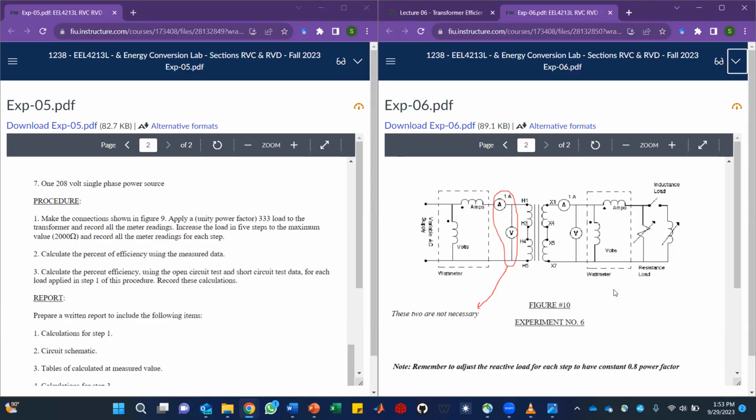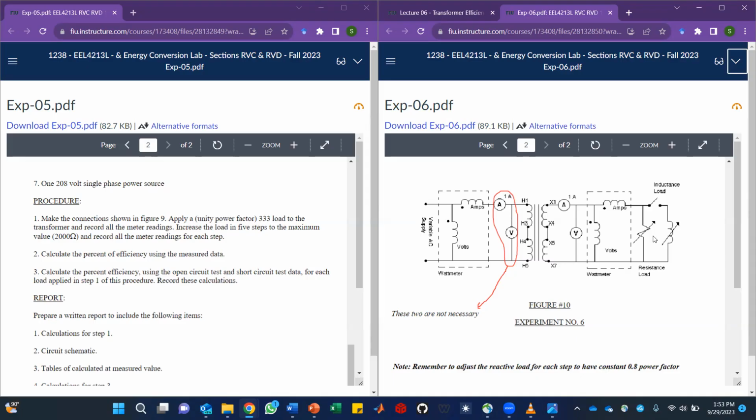When I demonstrate the experiment, you will understand, but still I'm telling you that whether we supply the primary or secondary, it doesn't really matter. On the load side, the power factor always needs to be 0.8. We can change the value of resistance by stepping up or stepping down. There are 5 or 6 steps total.